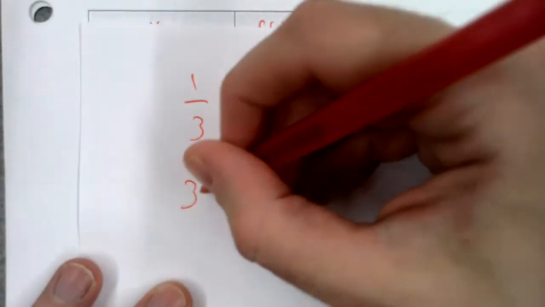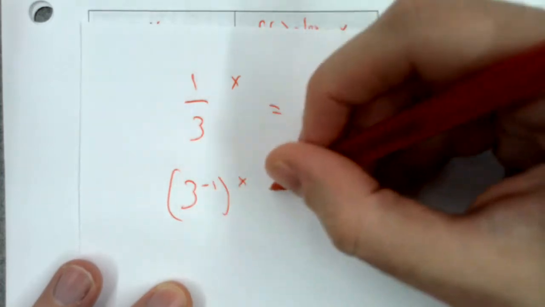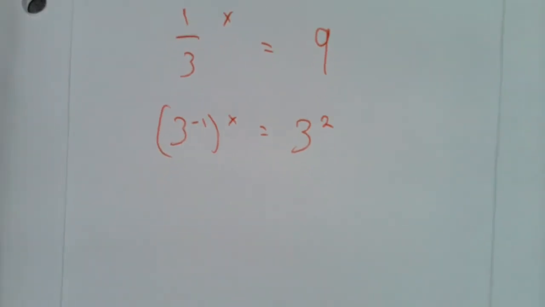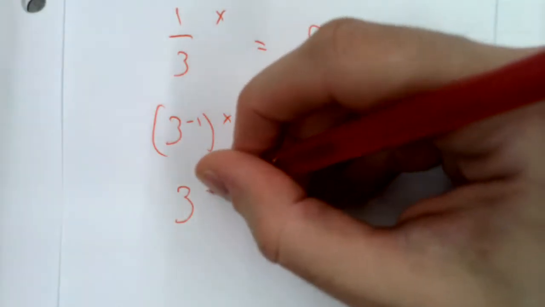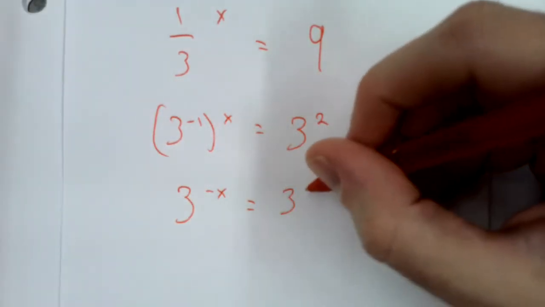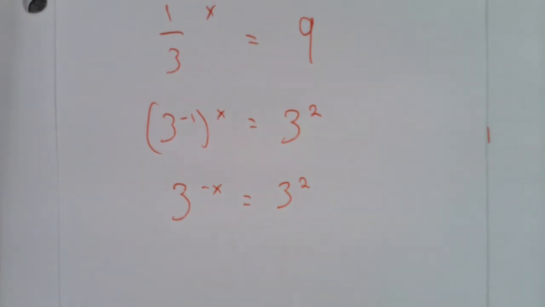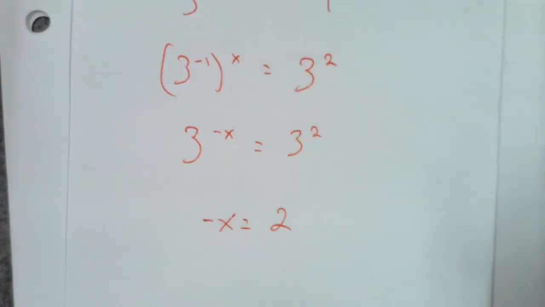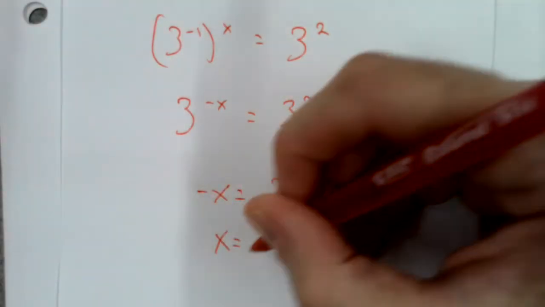So this is 3 to the -1 power. Again, this is from lesson 3. Write them with the same base. -x equals 2. So x equals -2.